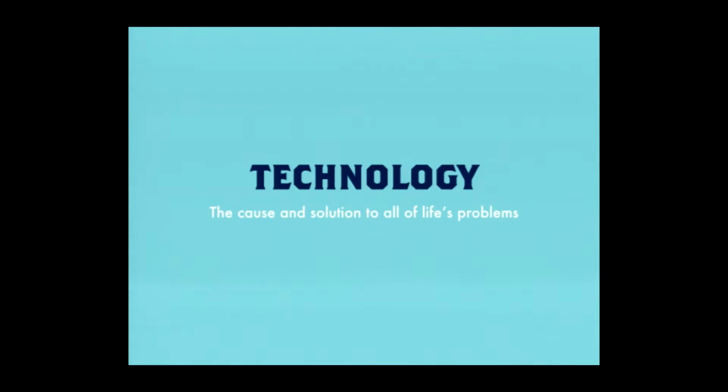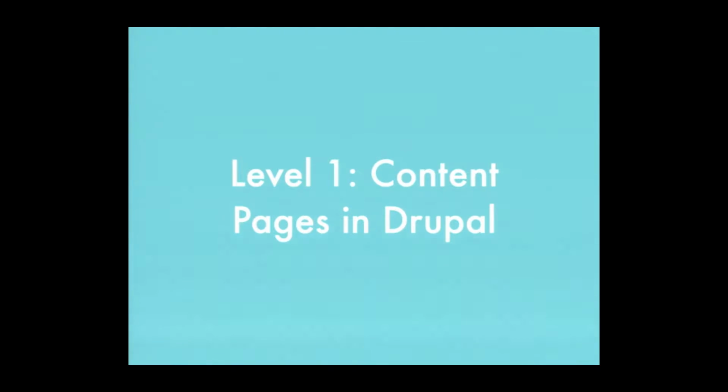So, getting back to this living style guide idea, with the living style guide we're going to have to use technology, and so I'm going to discuss some of the options we have. Since this is a Drupal specific presentation, I'm going to talk in Drupal.